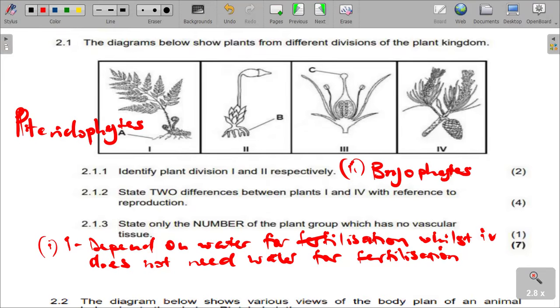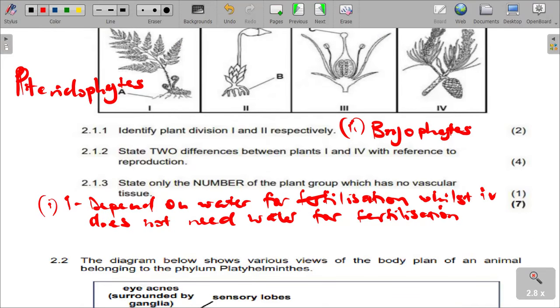We can agree that number one has no seeds. One has no seeds. And then four does have seeds.